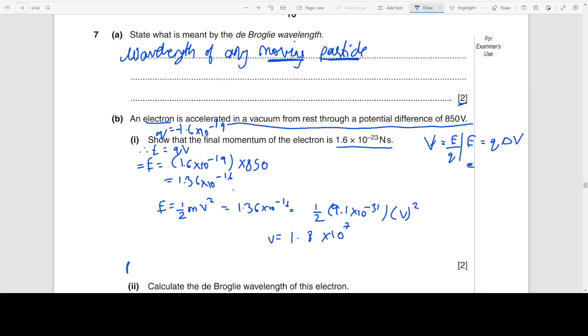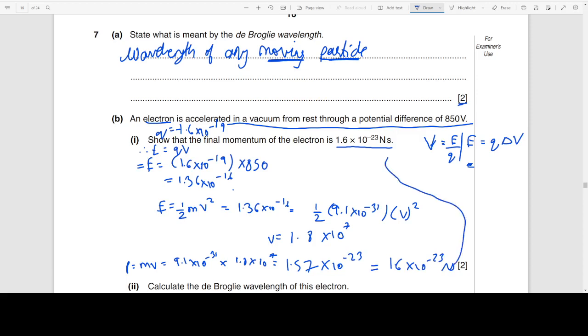Now we just need to calculate the momentum, which is mv, which is 9.1 into 10 raised to minus 31, the mass of electron, multiplied by the final velocity, which gives us 1.57 into 10 raised to minus 23, which is equal to 1.6 into 10 raised to minus 23 Newton second.